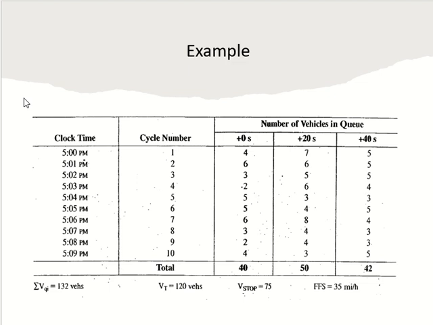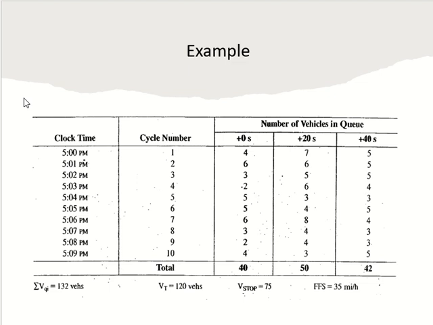How many seconds? 20. So the interval between two observations is 20 seconds.